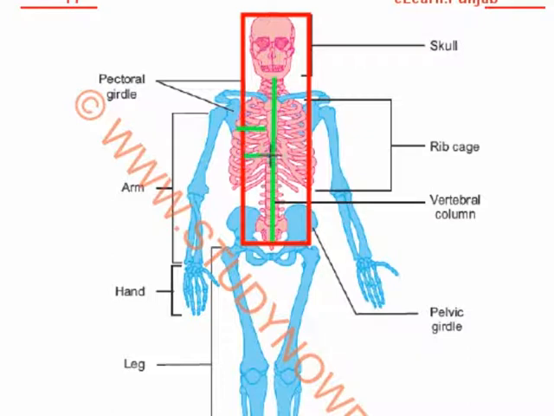The ribs are attached to this axis, the head is attached to this, and the vertebral column is also like this. So they are trying to say this is the axial skeleton because it is on the axis of the vertebral column, and then comes the appendicular skeleton, such as the arms, the legs, and the bones of the feet and the hands. This all is the appendicular skeleton.